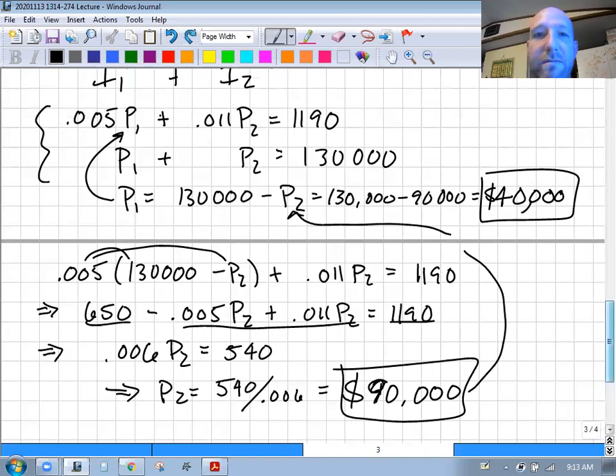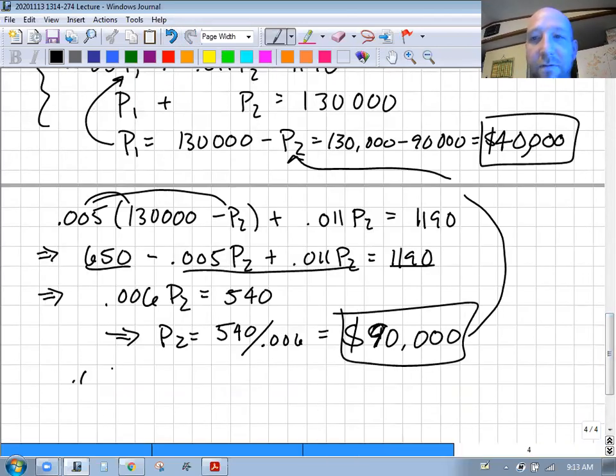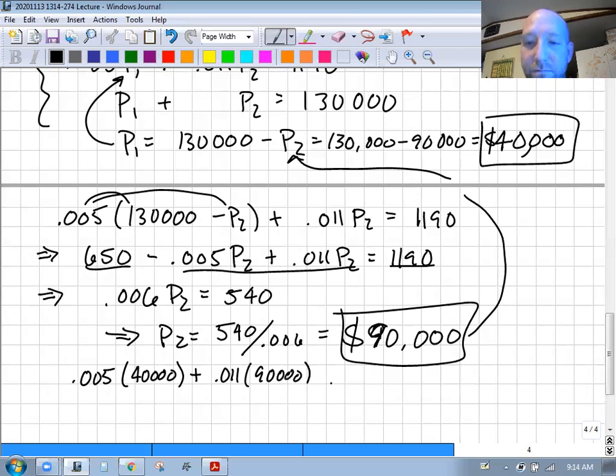And if we check this one, let's see, we have 0.005 times 40,000 is 0.011 times 90,000. All right, we're checking our work here.